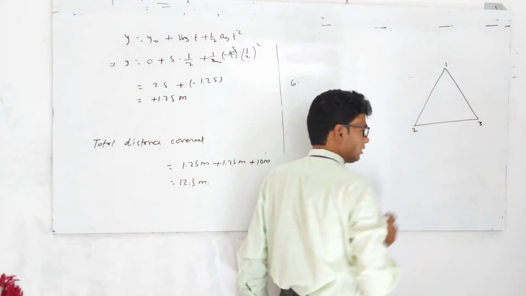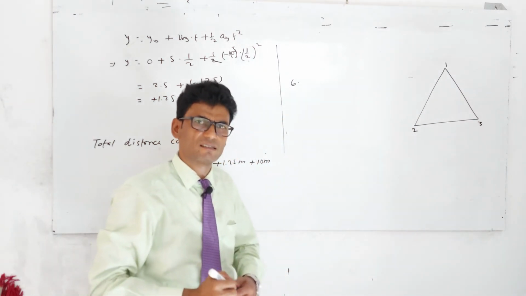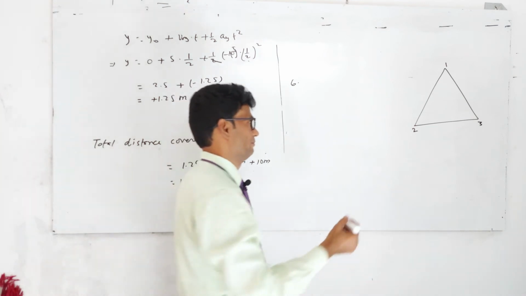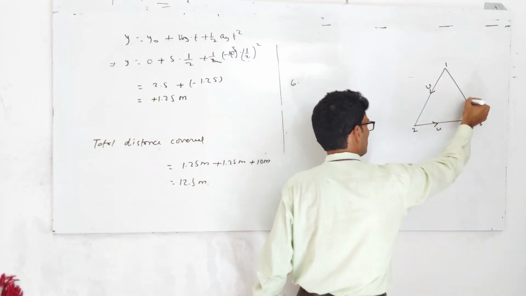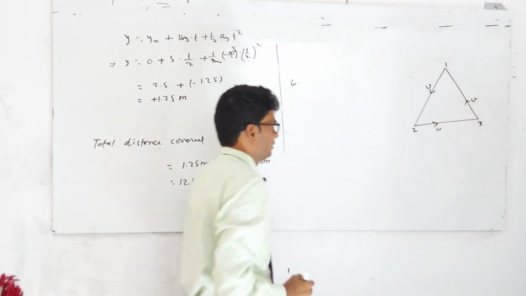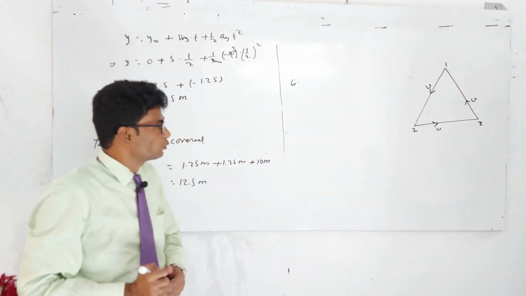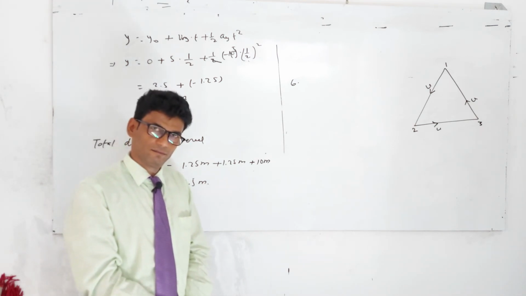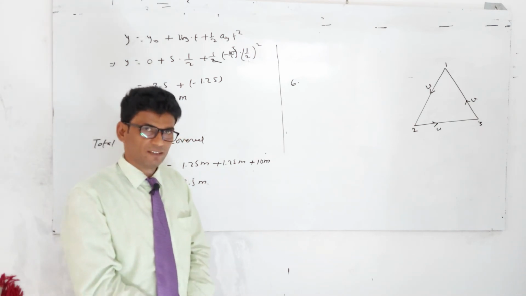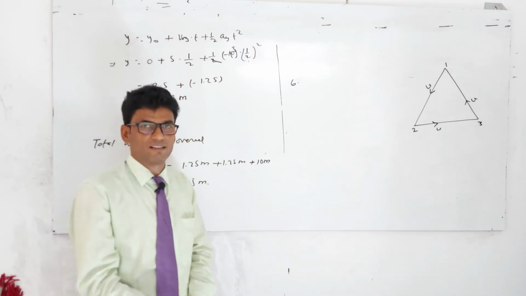And at t equal to 0, their speeds remain same. V speed, V speed and V speed. So if they move like that, then definitely they will converge at the center.